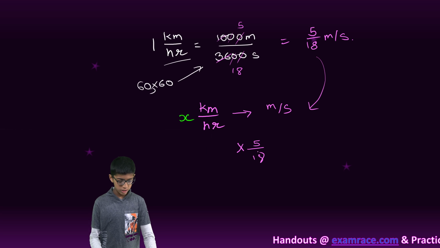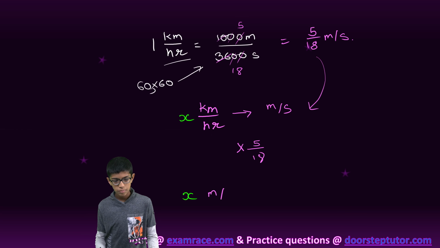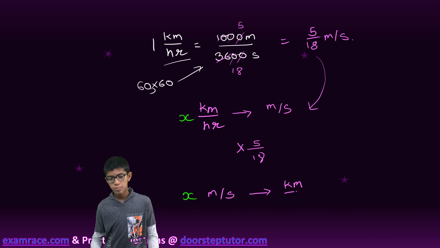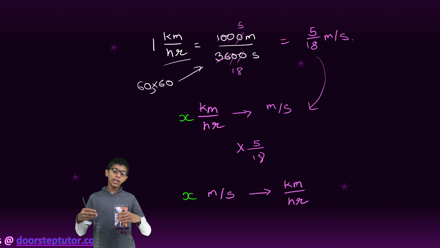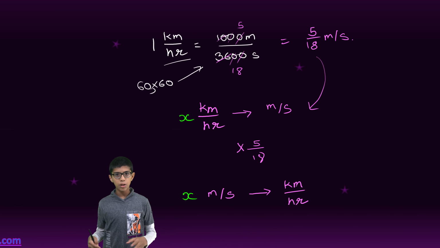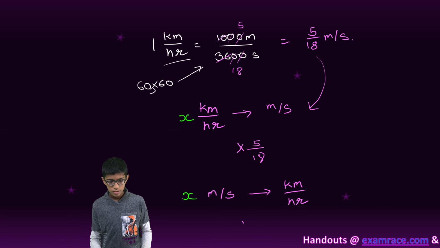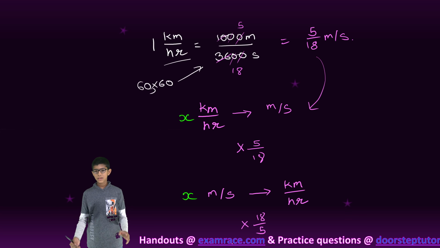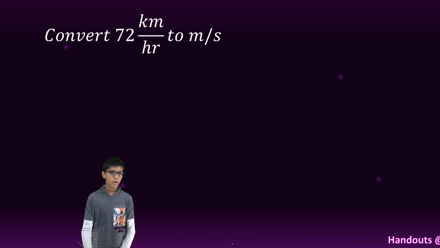And for the reverse, converting x meters per second into kilometer per hour, we will divide by 5 by 18, or multiply by 18 upon 5. Multiply by 18 upon 5. And based on this, we have some pretty simple questions for us to solve.